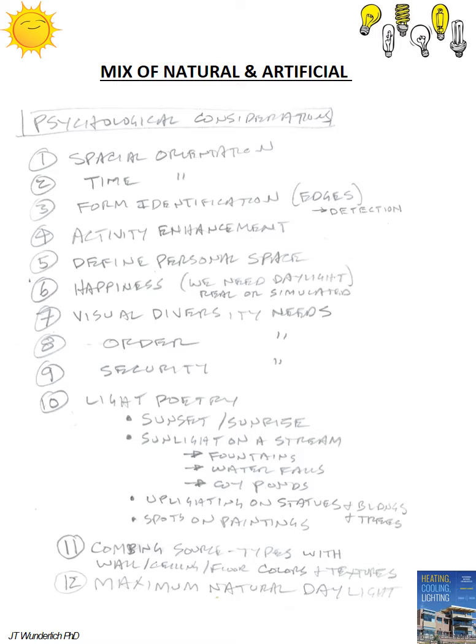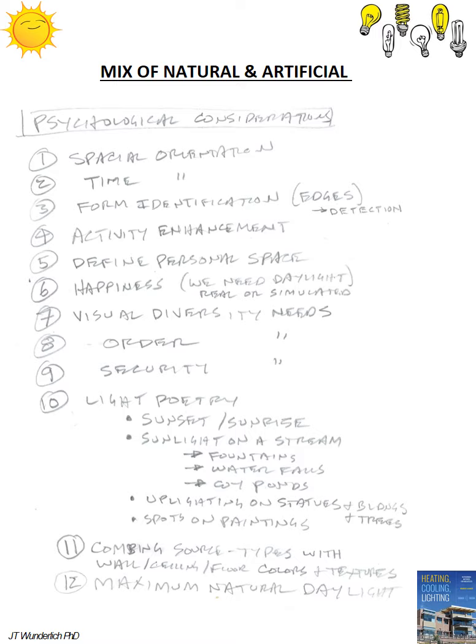Light poetry, so this is more artistic thought here. So sunsets, sunrises, sunlight on a stream, fountains, waterfalls, koi ponds. Light on water can be a very desirable thing to do. Uplighting on statues and buildings and trees. I like to do that with the trees around my house.